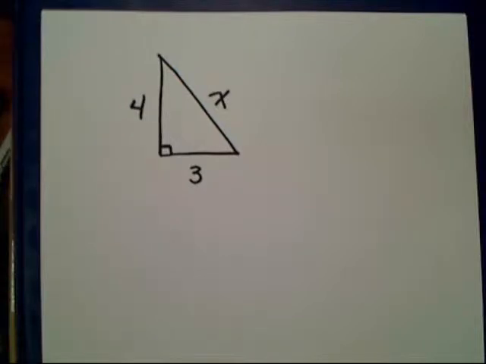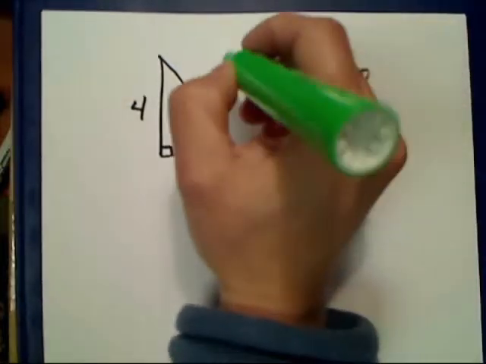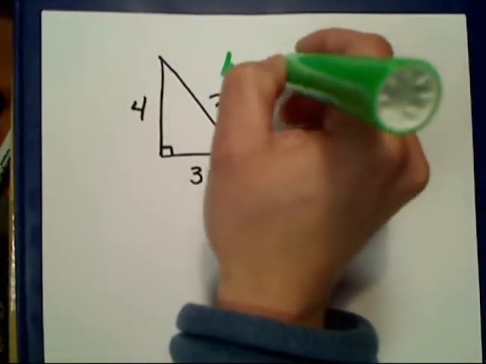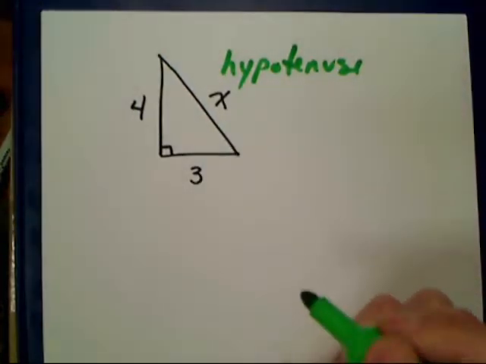A and B are going to be legs. The legs are the two perpendicular lines, the two lines that form the right angle. C is always the side furthest or across from the right angle and not touching it. So the hypotenuse is over here. So that's what we're solving for. That's what we don't know.